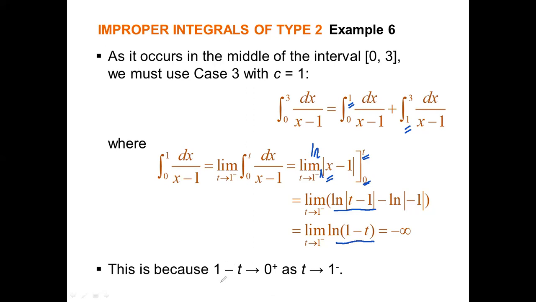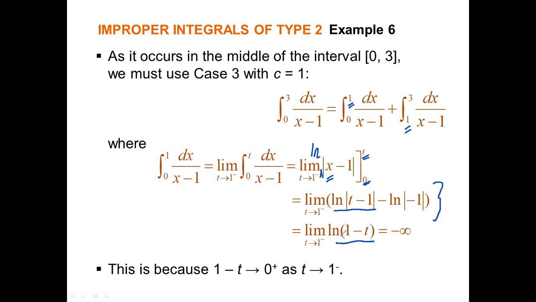This is because you can see here that 1 minus t approaching 0 from the right is the same as t approaching 1 from the left. That is why this original expression that you are seeing now is just equivalent to the limit of the ln of 1 minus t.